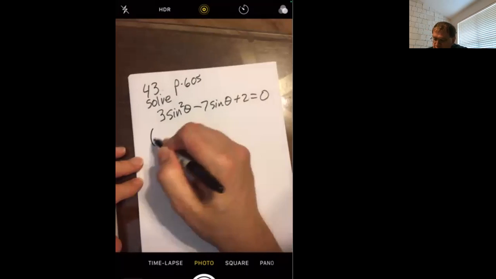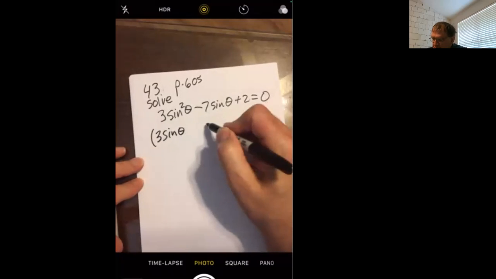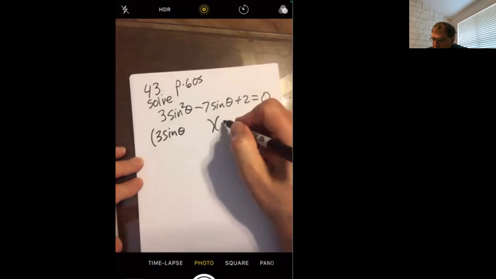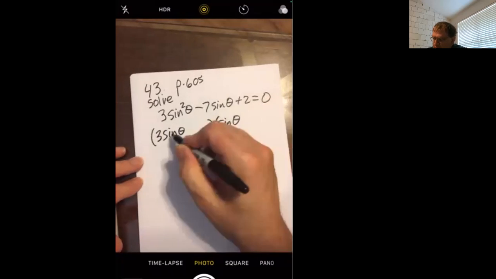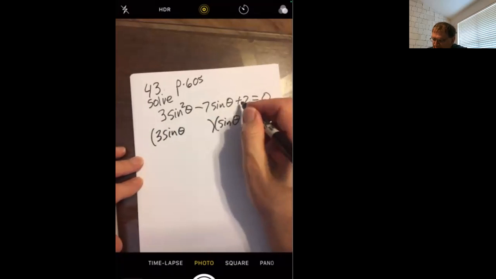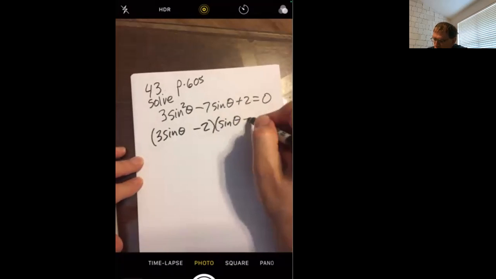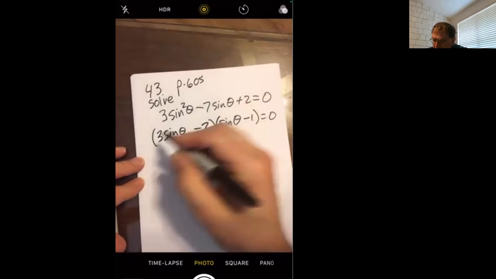But for time's sake, let's try 3 sine theta and sine theta. So remember, you're trying to create a FOIL that does this. They've got to both be negative to add to that negative. Let's go minus 2, minus 1. Now remember, FOIL back.